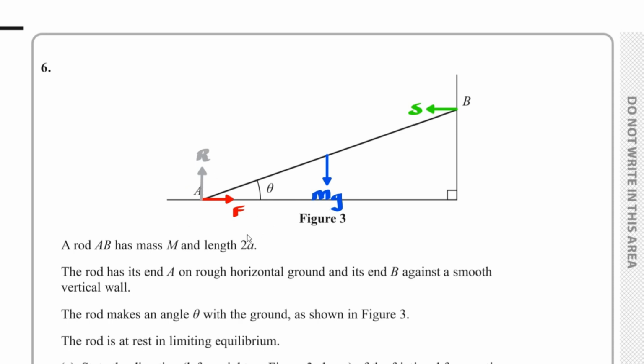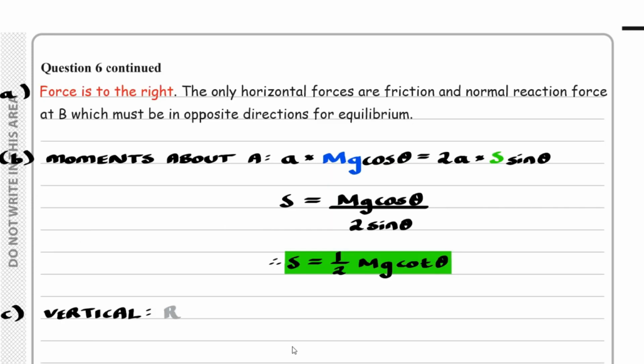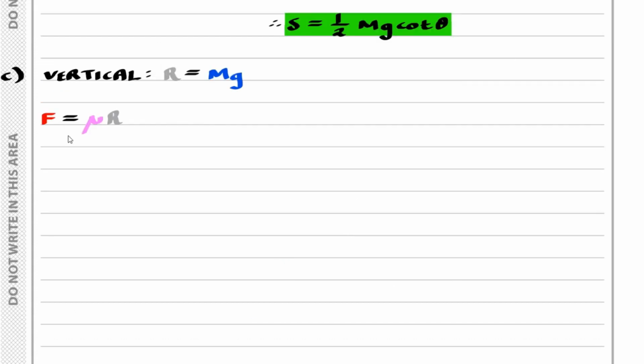Well, I've got this R and this mg acting vertically, which means then I've got R equal to mg. So if I use F equals mu R, I've got F equals mu multiplied by R, which I know is mg, so F is equal to mu times mg.